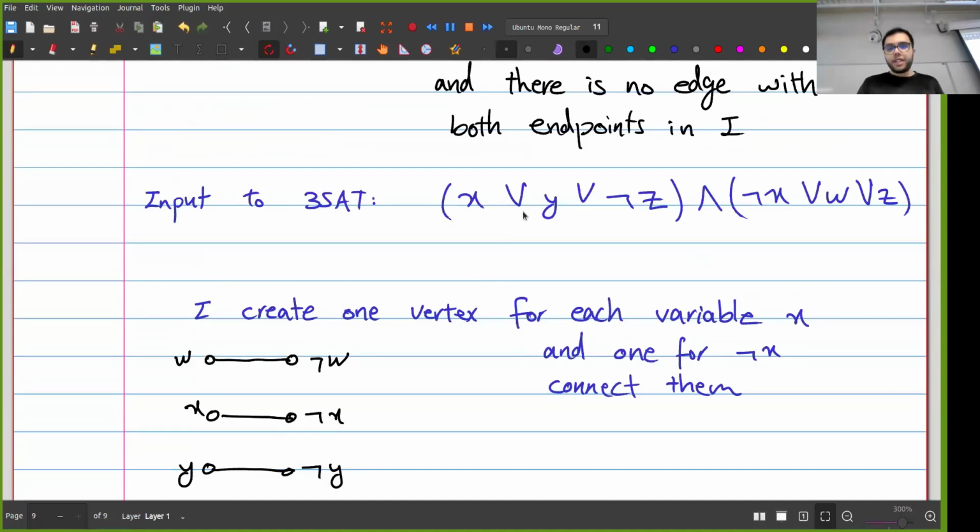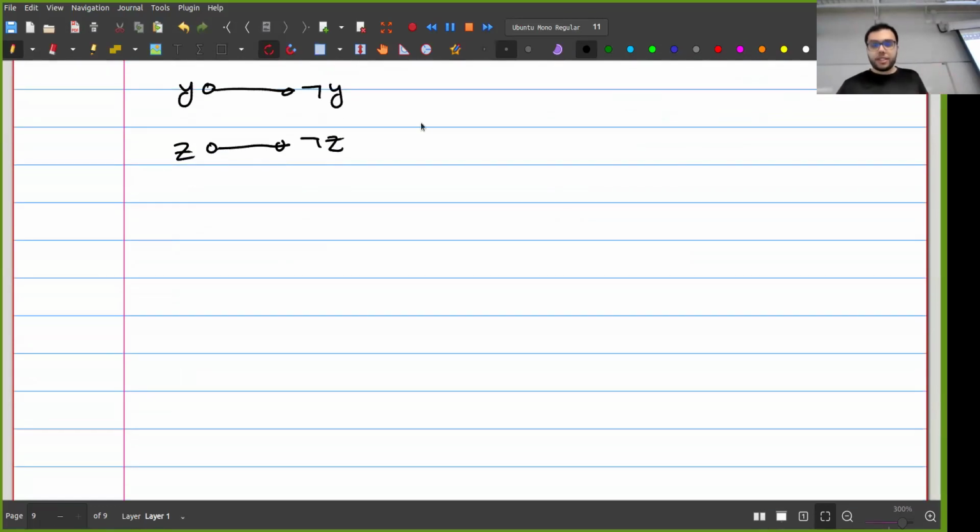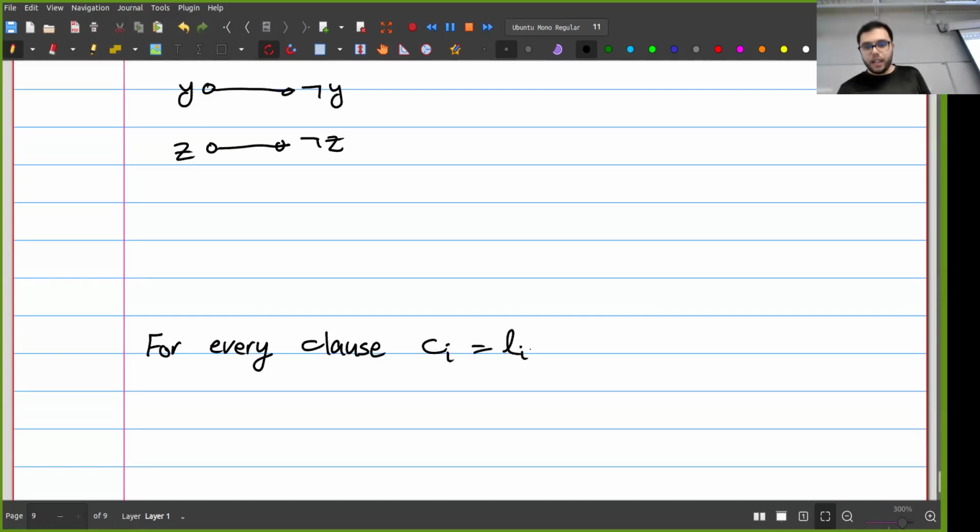So I say for every literal in every clause, I'm also going to create a vertex, and I'm going to create a triangle between the vertices in that clause. So for every clause Ci, which is of the form Li1 or Li2 or Li3, just create a triangle with these three vertices.